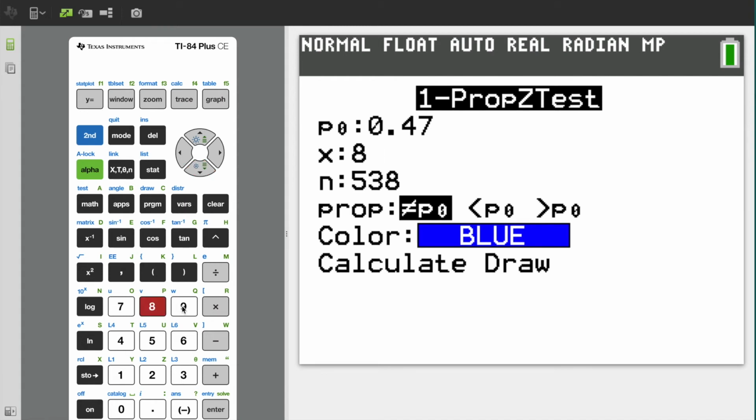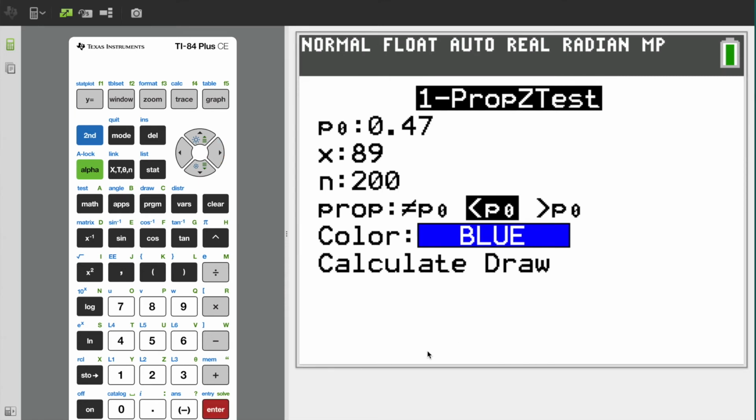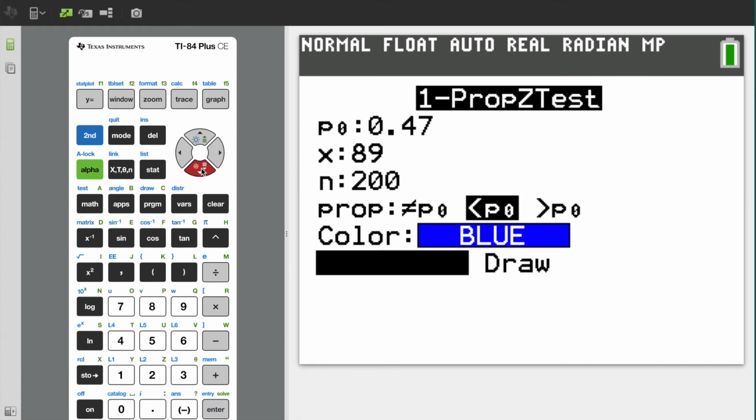So I have 89 of the 200 accidents were a fatality, and I'm going to highlight the less than symbol there. So now we have our null, our x and our n, and we have the correct symbol highlighted for less than. I'm going to go down to calculate.